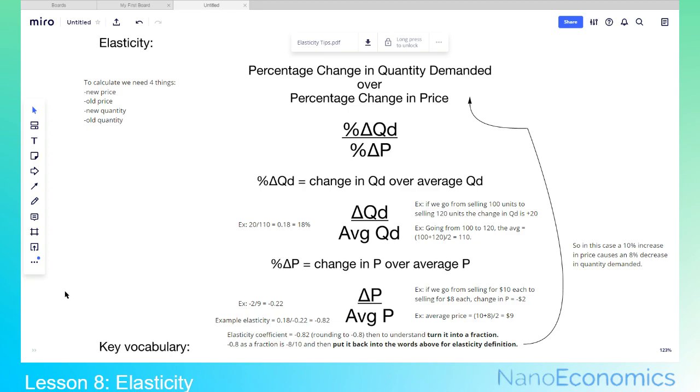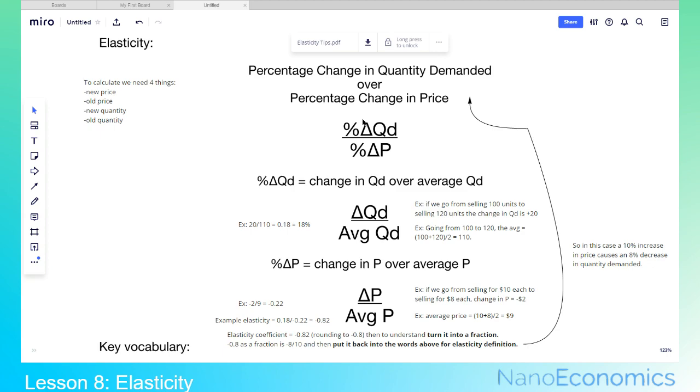But I think that this is a good way of looking at it where you can start by telling yourself elasticity is the percentage change in quantity demanded over the percentage change in price. And then write down the formula, percent change in quantity demanded over percent change in price.